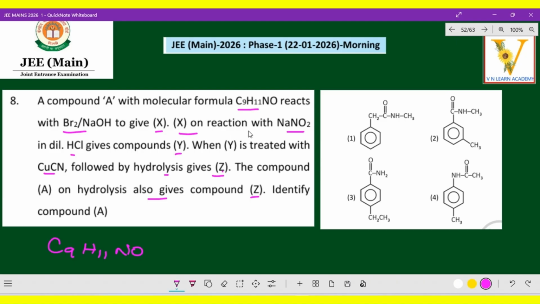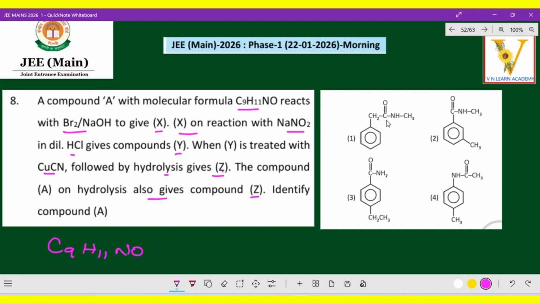Now here, actually, first thing it is C9H11NO. So that means carbon 6 is there in the benzene, 7, 8, 9. Yes, carbon is 9. C6H5, right? C6H6 is benzene, one hydrogen replaced, so C6H5, then 5, 6, 7, 8, 9, 10, 11. So that means 11 hydrogens are available, but still CONH.